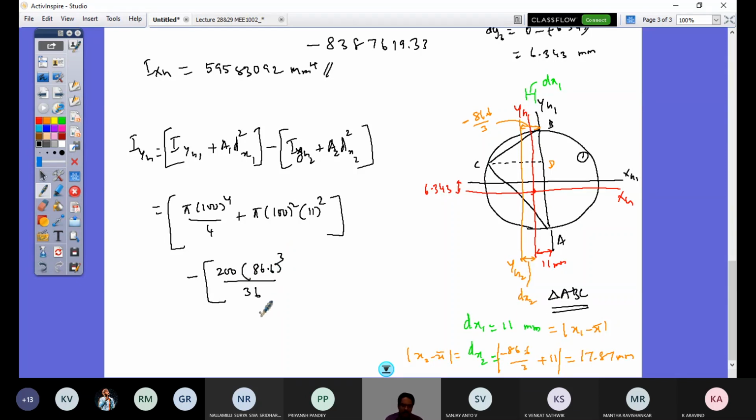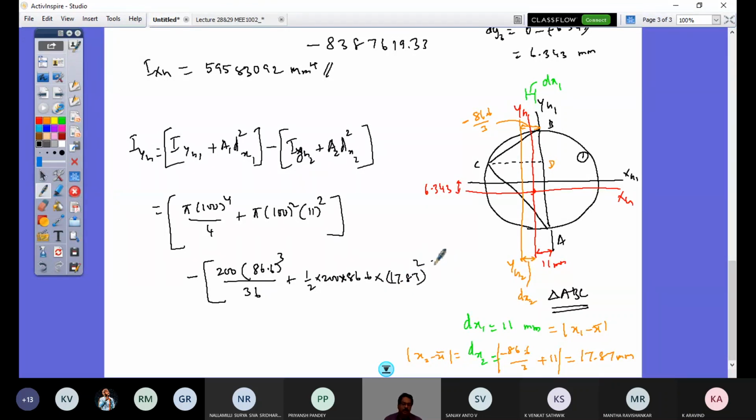So that is this plus area of the triangle, half into base 200 into H 86.6, into now dx2. So dx2 is 17.87 square.